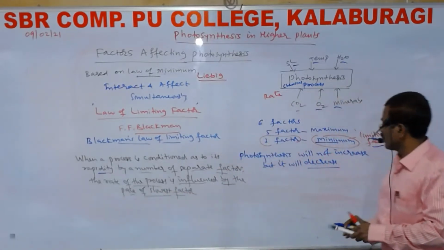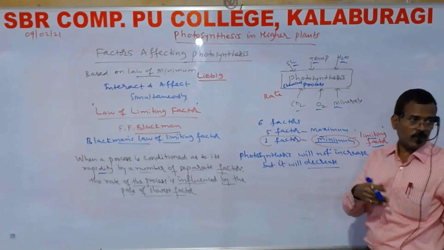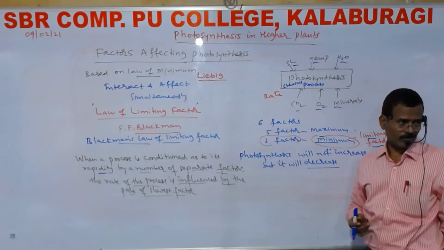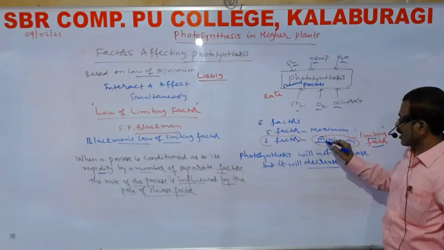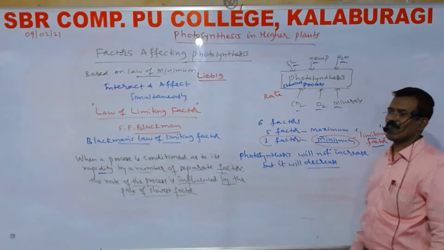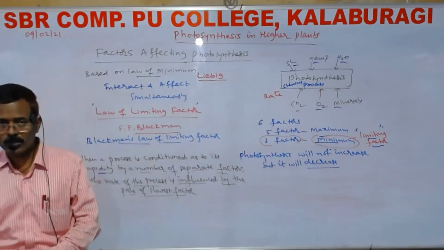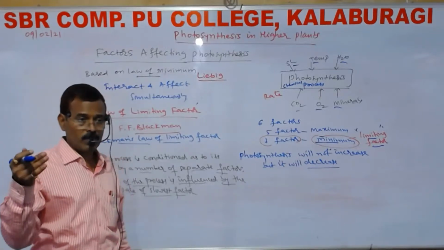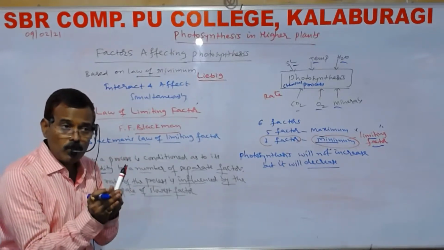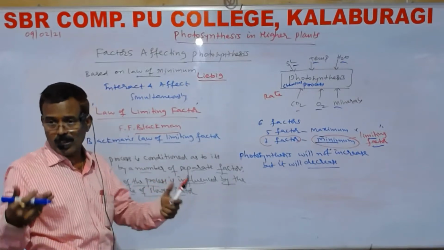So the factor which is available in minimum amount is going to determine the rate of the process. That factor is called the limiting factor. Even though many factors are available in more amount, the factor present in small amount determines the rate or pace of the process.